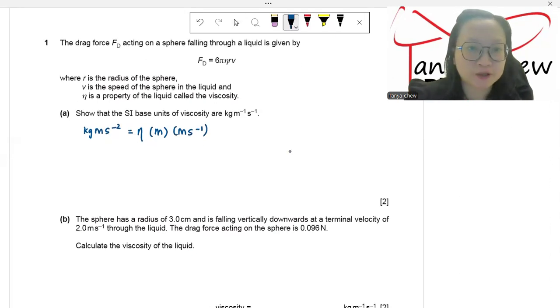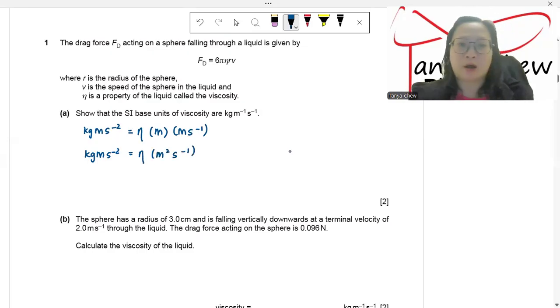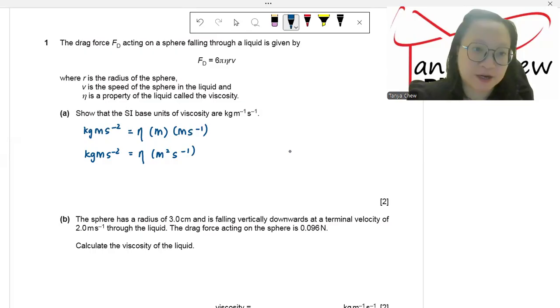Now I'm done with that, so I try to simplify. Kilogram meter per second square is equal to eta meter square second negative 1. Now you have to shift all the SI base units to one side and leave the viscosity on the other side.